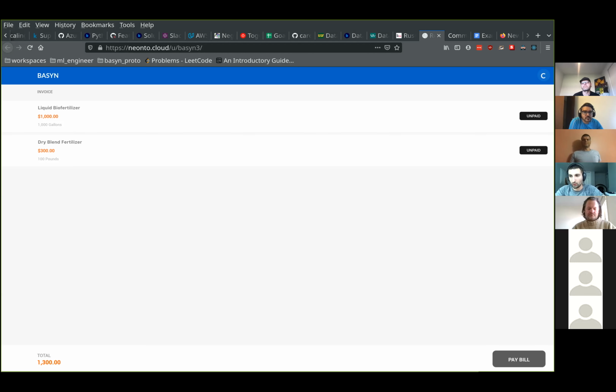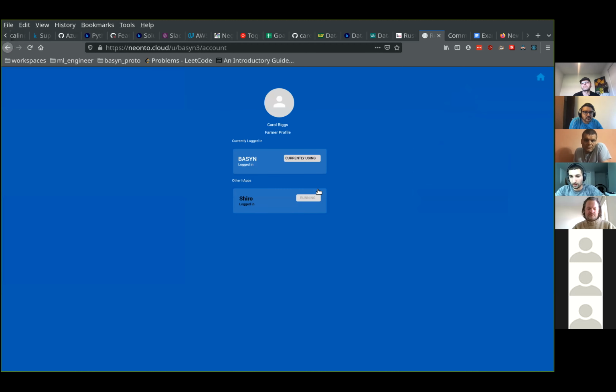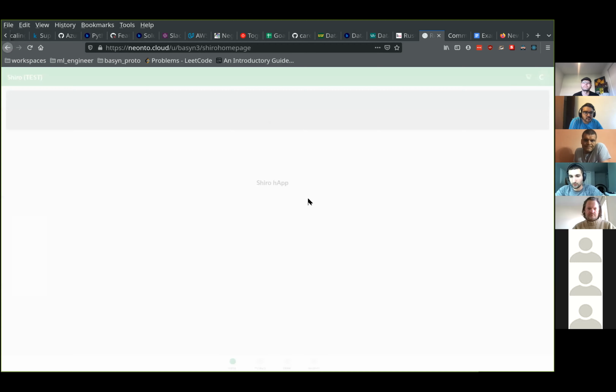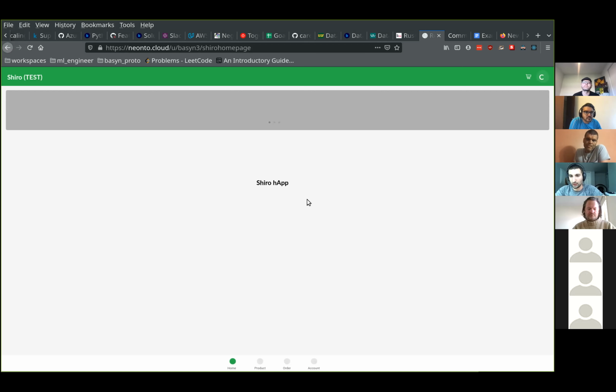So a farmer, Carol, could also go over and work with Shiro and switch over to the Shiro side of the application, bridging the relevant data and benefiting from that ecosystem with enough overlap to share common functionality, but ultimately doing different parts of the economy. So that's where we're at.